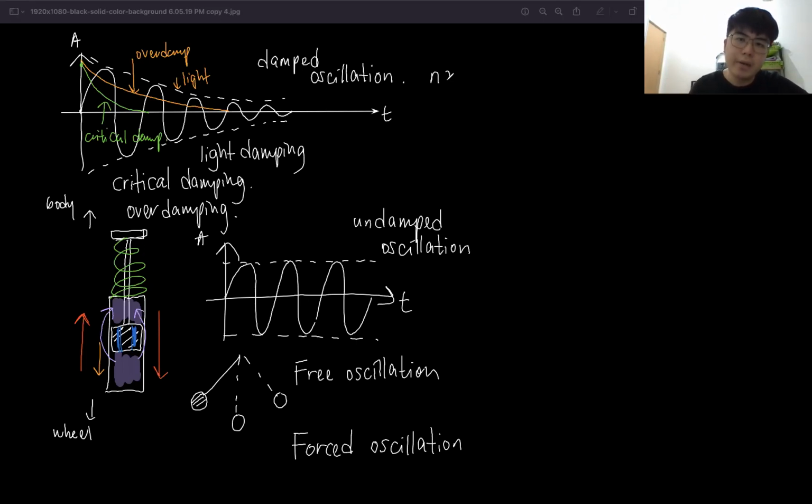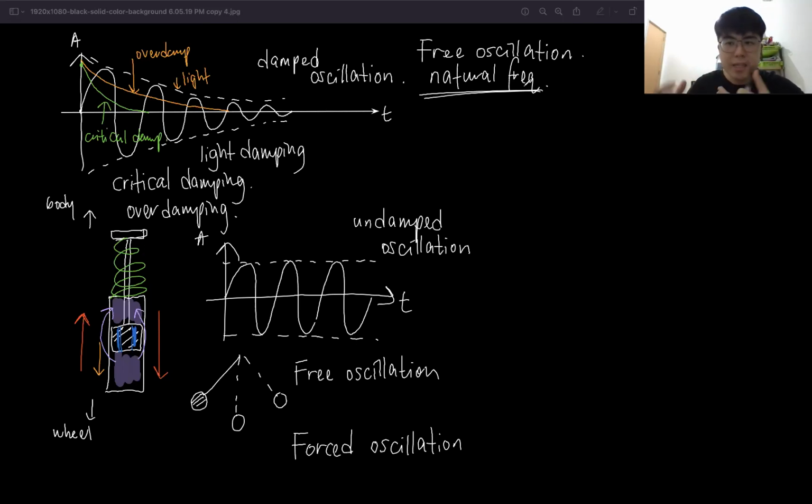Now understand what natural frequency is. Natural frequency is the frequency of a vibrating system when it is allowed to oscillate freely. So free oscillation. It depends on the length, it depends on the mass per unit length of the string, many factors that define what is the natural frequency of the vibrating system.